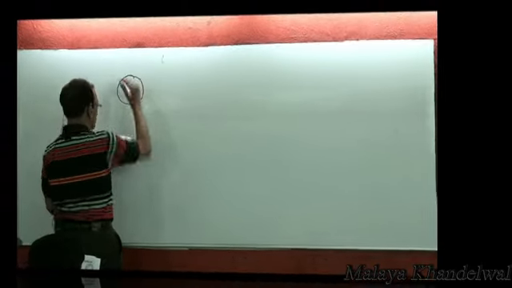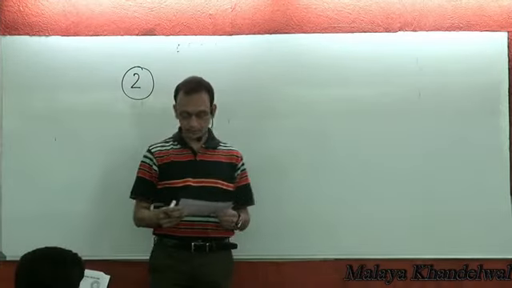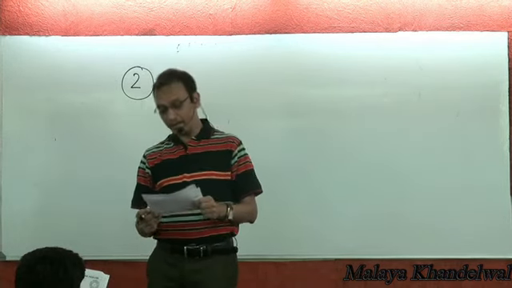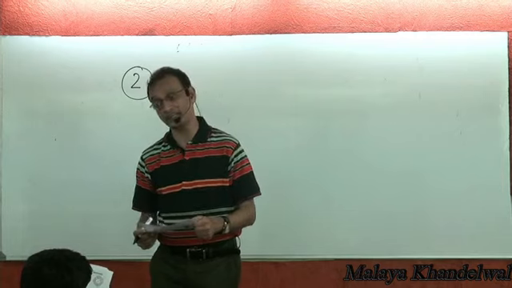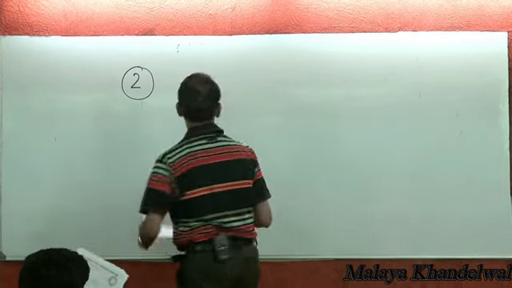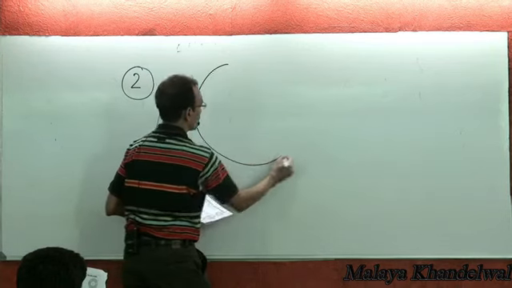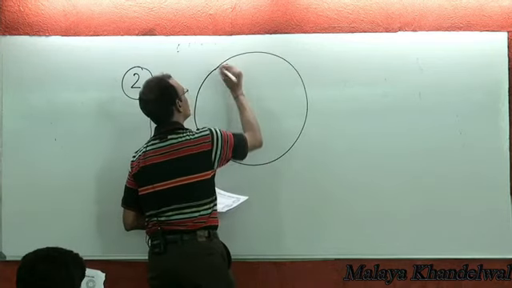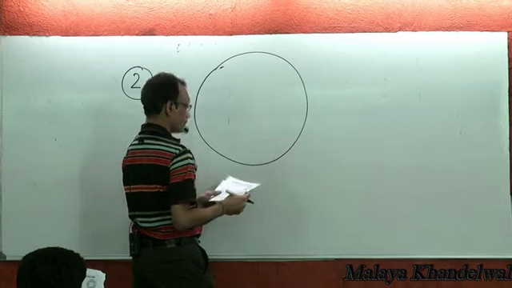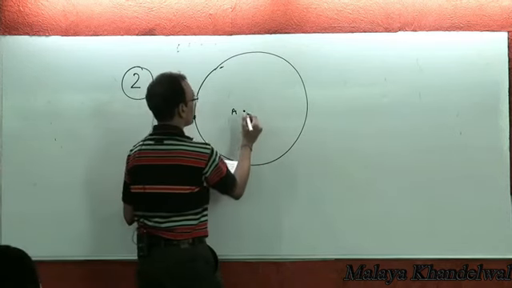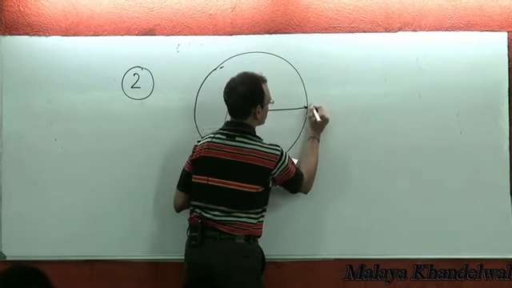Problem 2. We have a conducting sphere of radius r with two spherical cavities. Clear? This is a conducting sphere with center A, radius r.